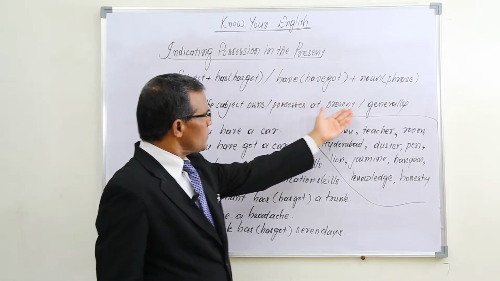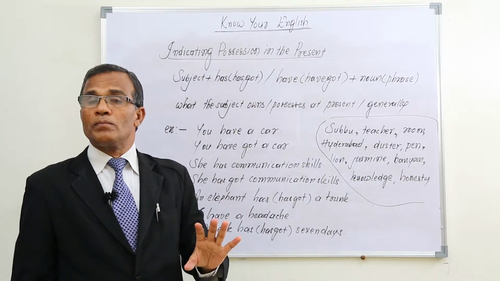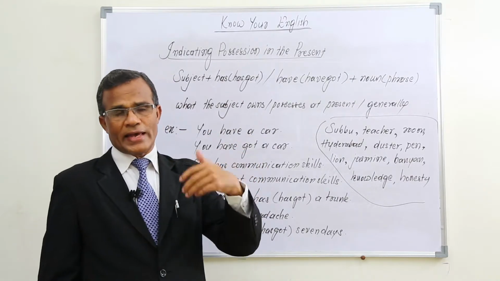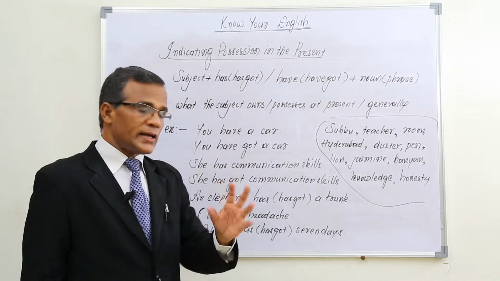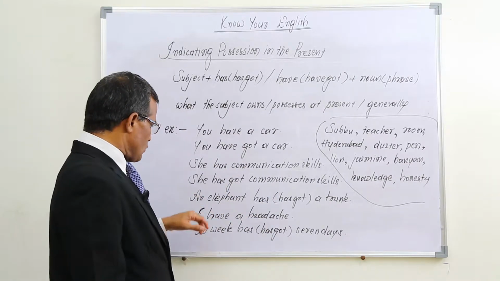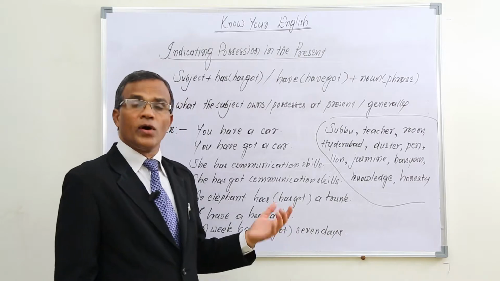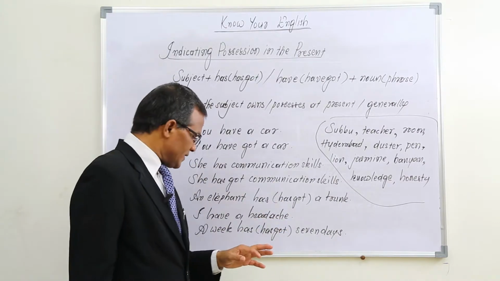So we are talking about general things also, not only the things which the people own at present, even generally what they have, even animals also, any things also, which have generally can also be conveyed in this indicating possession. So as per this, an elephant has a trunk or an elephant has got a trunk. So both we can say.